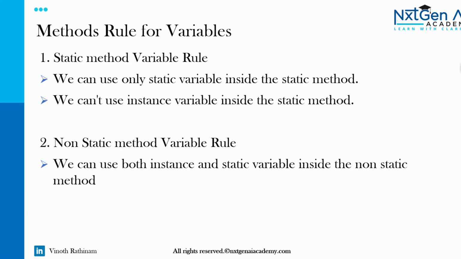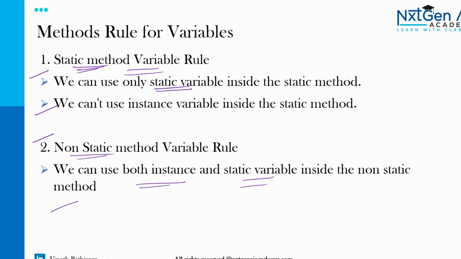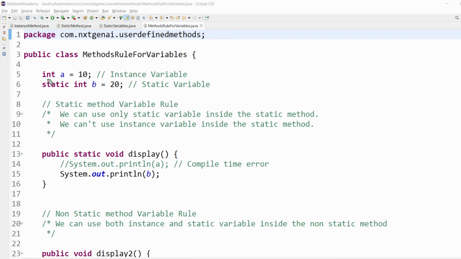Based on that, there are some rules for methods and variables you have to keep in mind. For example, whenever you create a static method, inside the static method you can use only static variables. If it is an instance method or non-static method, you can use both the instance and static variables. Let's see that with the code implementation. We have declared two variables. One is an instance variable, and the other is a static variable because we used the static keyword.